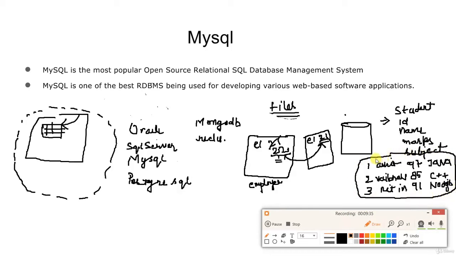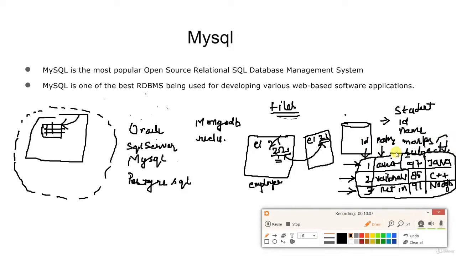So this becomes my table where data is stored in the intersection of rows and columns. Each row here is representing one instance of student. This row is representing Amit, this is representing Webhoff, and this is representing Nitin. And each column is representing one of the properties of student. For example, this is representing the ID, this is representing the name, and this column is representing the subject of the student.